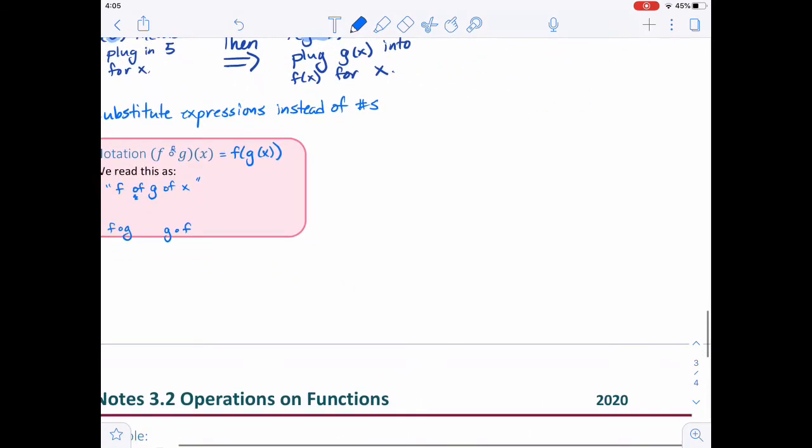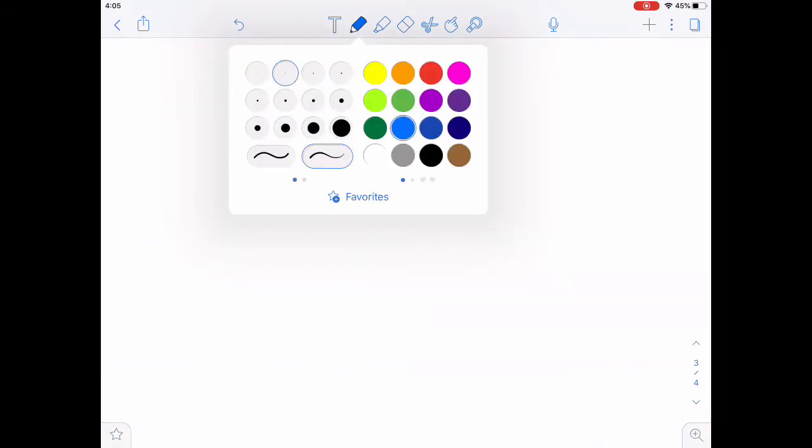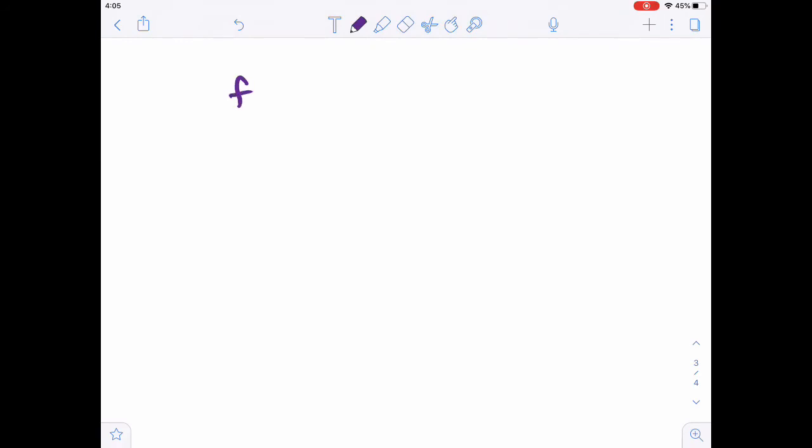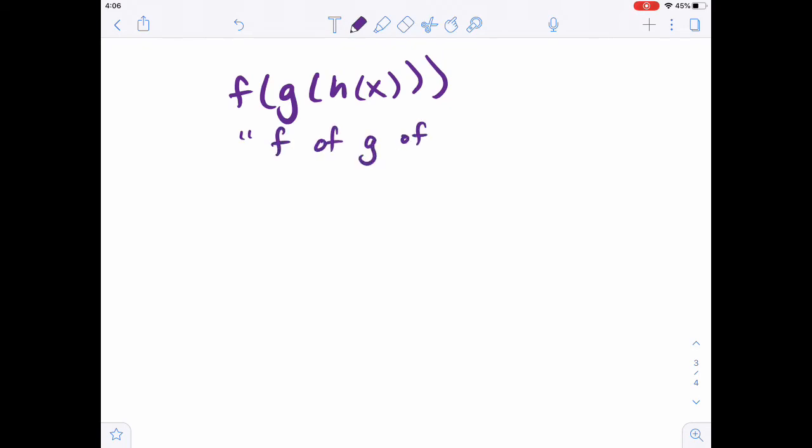We can also have more than two. We could do like f of g of h of x. And so we just read that f, then we say of, then we say the next one, of h of x. And so the key when we're doing these things is to work inside out.